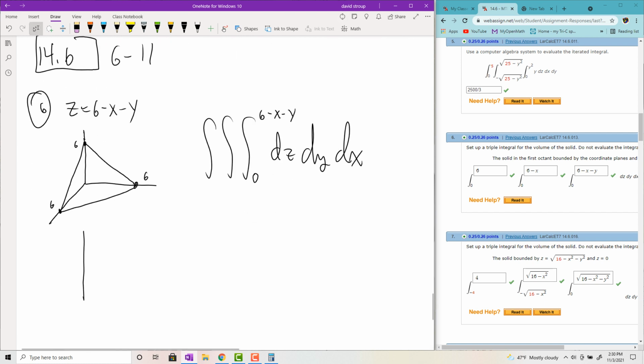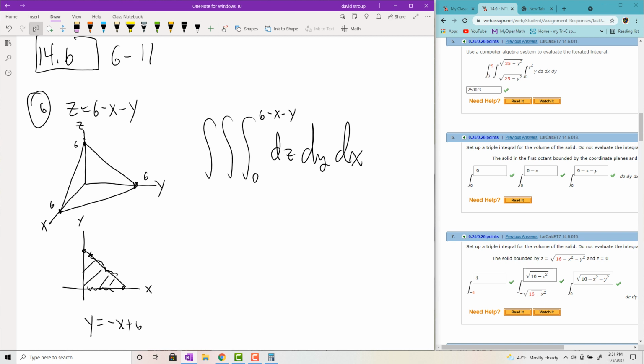And then you kind of go down a dimension, right? So you start thinking now, instead of xyz space, you think in the xy plane. So in the xy plane, we have this region that we're integrating over in that first octant. So it looks like y equals 0 to y equals whatever this line is, right? The slope is probably going to be negative, -1, so negative x plus 6.